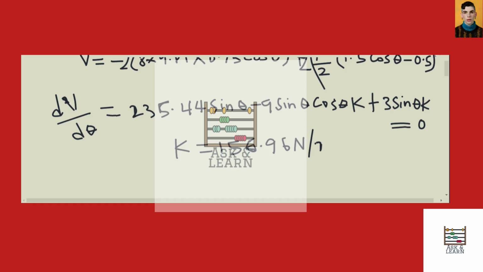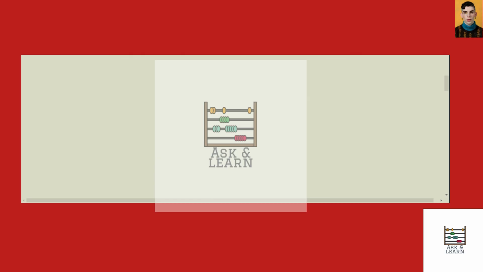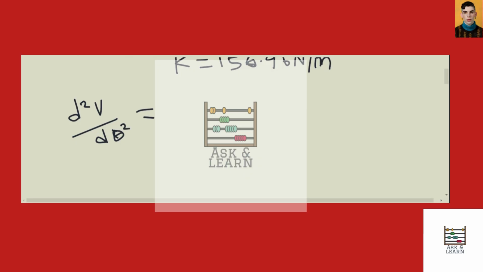So if we take the second derivative, that is d squared V by d theta squared, we are going to arrive at that for stability. We want to determine stability.